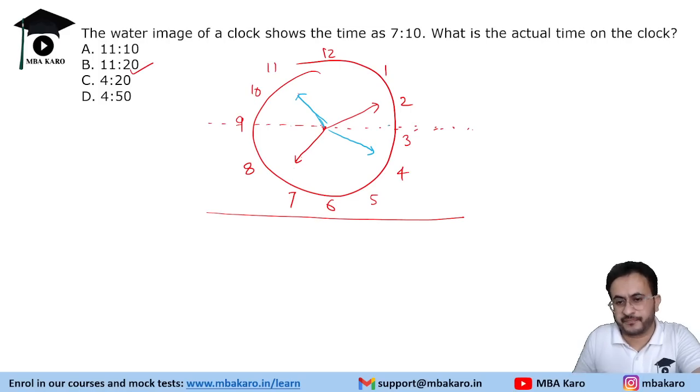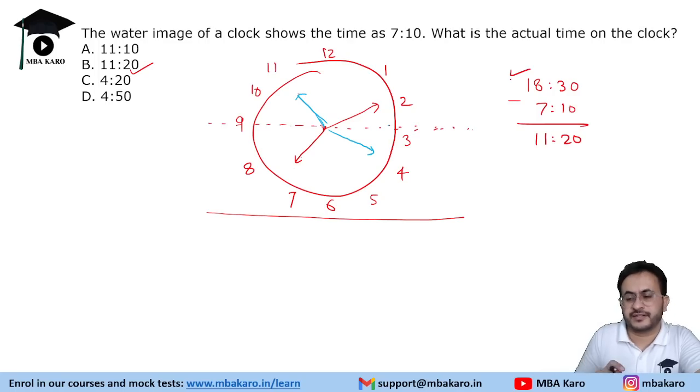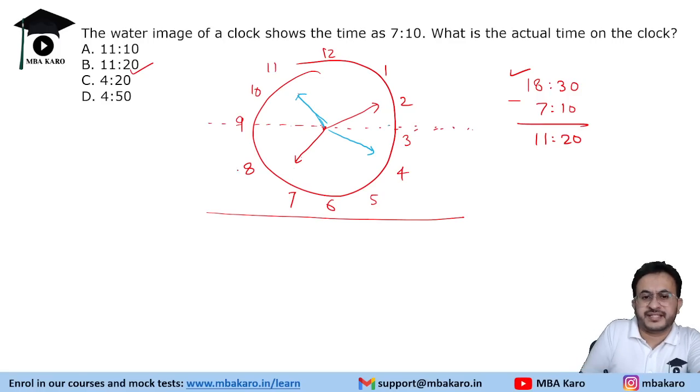Now I'll give you the direct formula. The formula is subtract from 18:30. So 18:30 minus 7:10, we will get 11:20. So that is our concept. Why 18:30? See, 9:15 is the central line, it is 9 and 15, right?